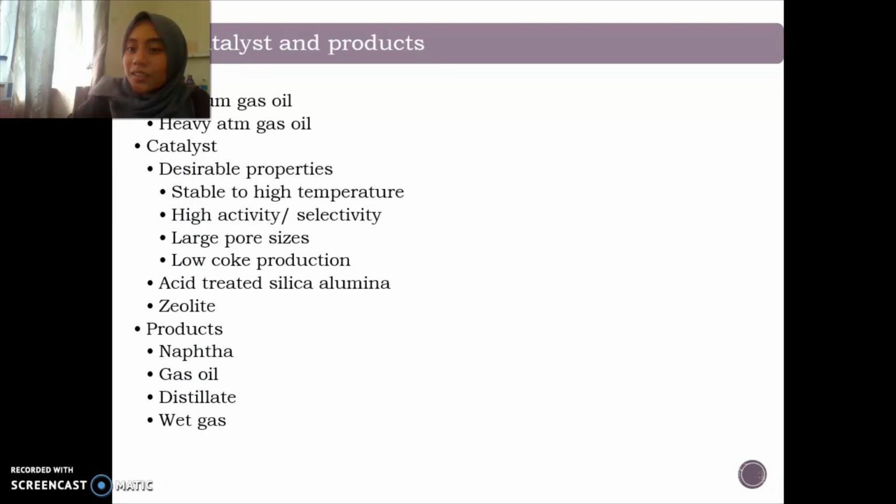The third desirable property is a large pore size. The pore size is related to the active sites for catalyst binding, and it will speed up the reaction. And the last one is low coke production, which is favorable at high cracking activity.